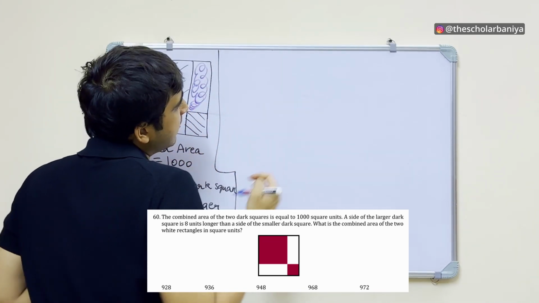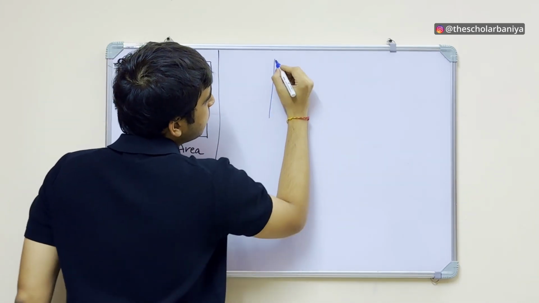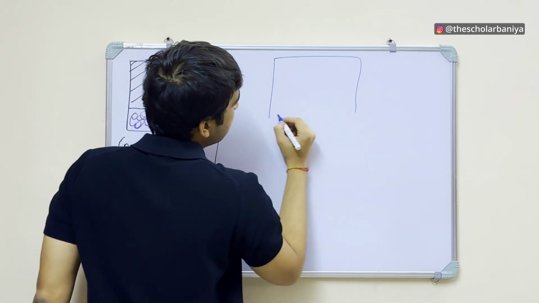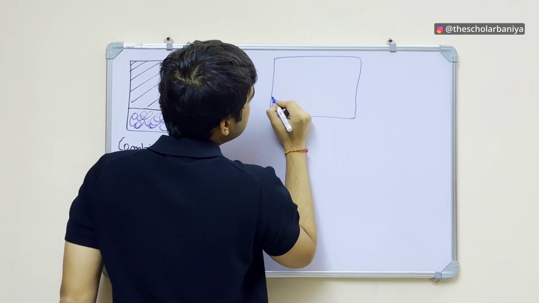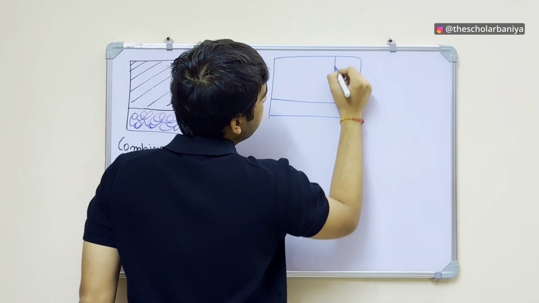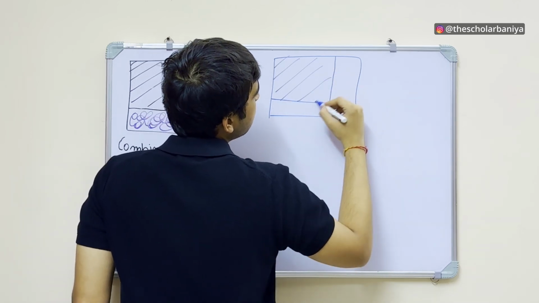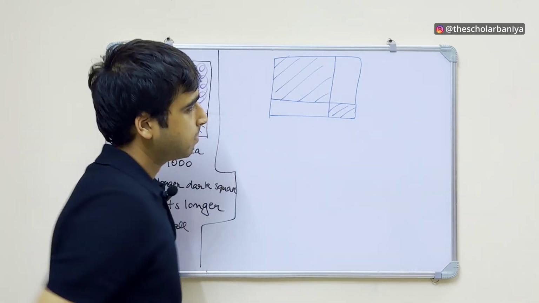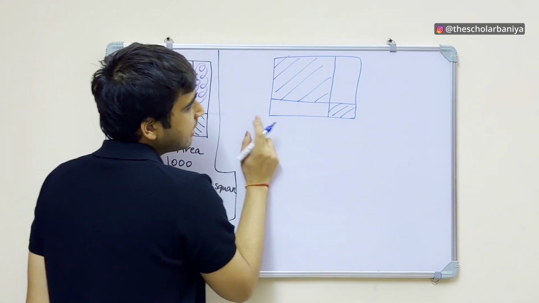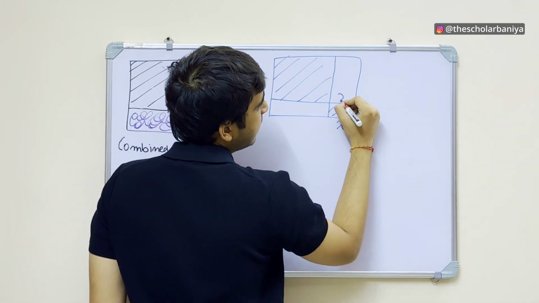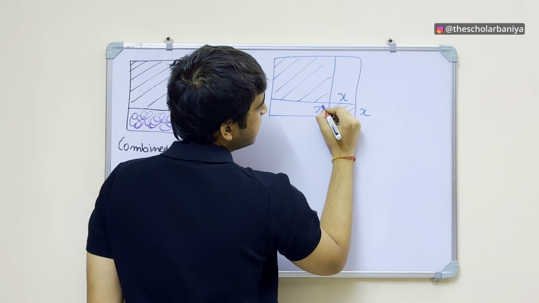So if we draw the diagram one more time, this is the kind of figure that we have, right? This is the shaded part and this is the shaded part. Let's assume that this side is x, this side is x, this side is x, and this side is x.